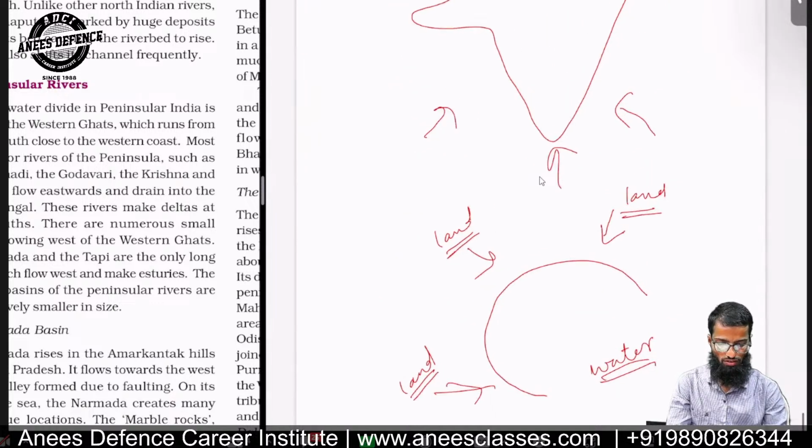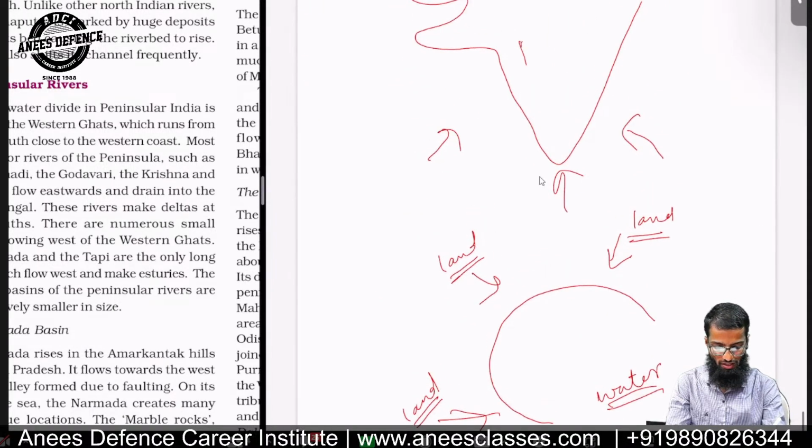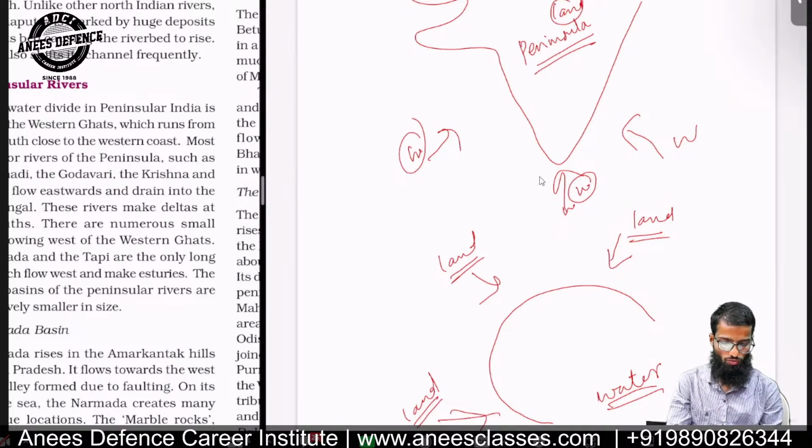So if you have water from one side and land from three sides, what will you call it? Did you understand my question? This is called a peninsula, right? Because you have water from three sides and land from one side. So what if I do the opposite? If I have land from three sides and water from this side.